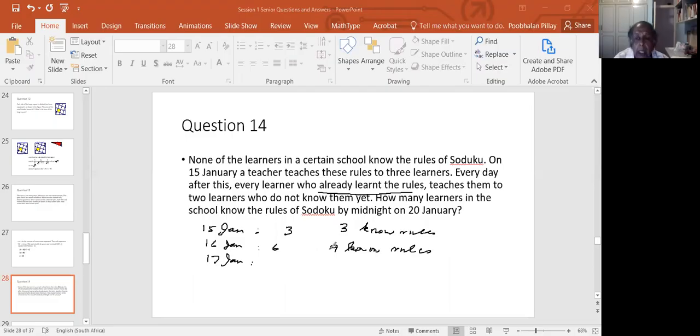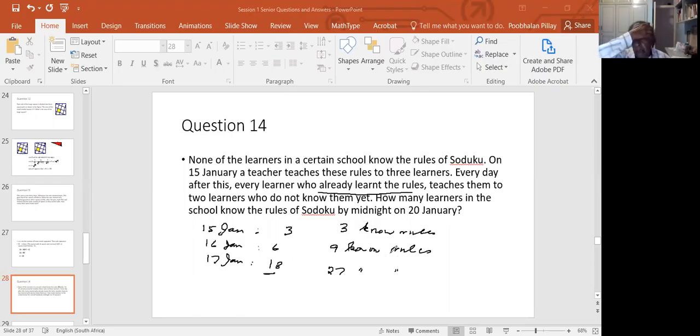Each day, everybody who knows the rules teaches it to 2 other people. Now, there were 9 people who knew it on the day before, so each one of them would have taught it to 2 people. So you got 18 new people, right? So altogether, how many people know the rules? Together with the people who learned it on this day and the ones who knew it already, so you got 27 who know the rules.